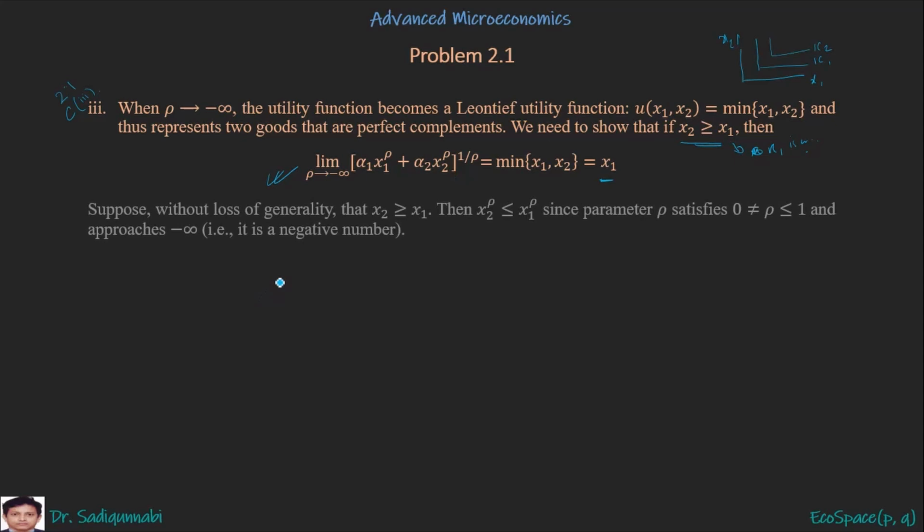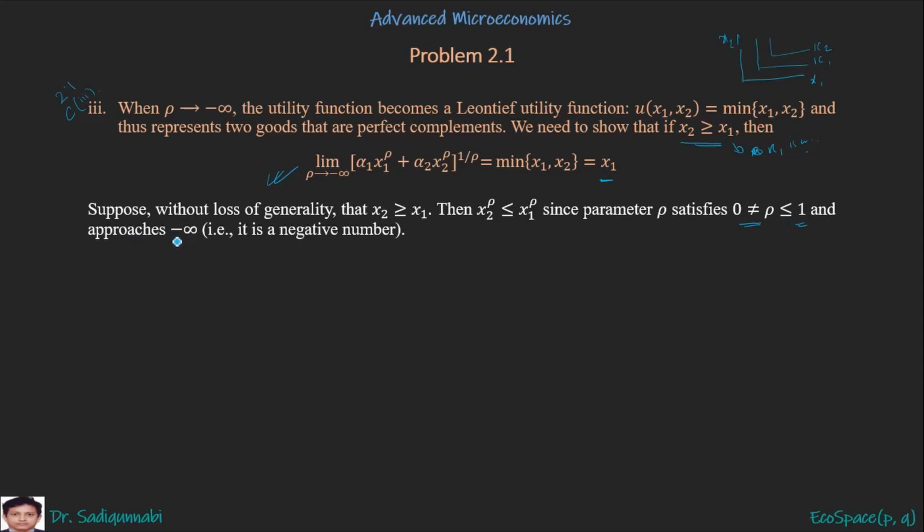Suppose that x2 is greater than or equal to x1, that means x1 is the minimum, then we can say x2 to the power rho is less than or equal to x1 to the power rho, because we know that rho satisfies not equal to 0 but less than 1, and because it is approaching minus infinity, it takes a negative number.